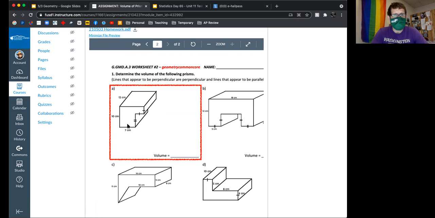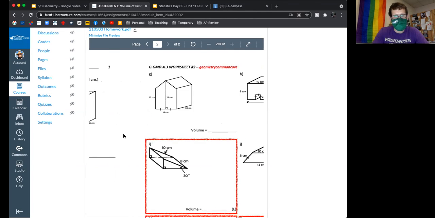Just as a general hint, you can look at this as two rectangular prisms that are shoved right next to each other. So if you can get the volume of each of those rectangular prisms and add them together, then you've got the total volume. So I'm not going to do that problem.